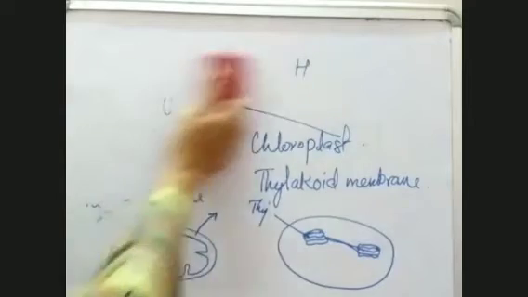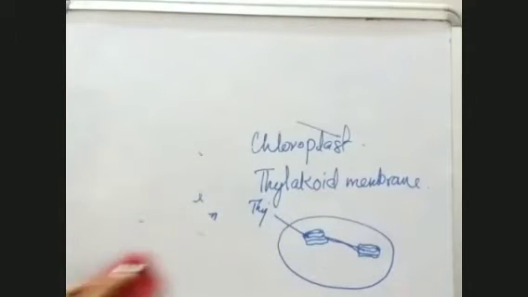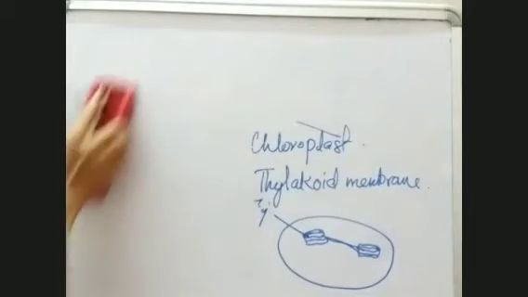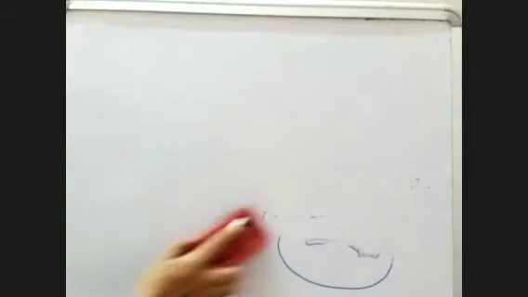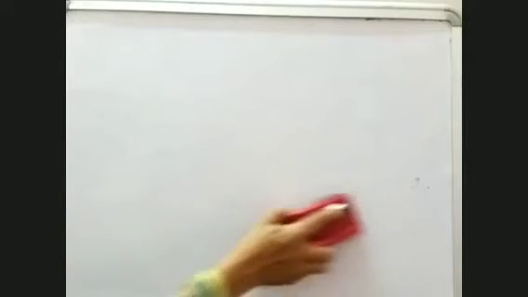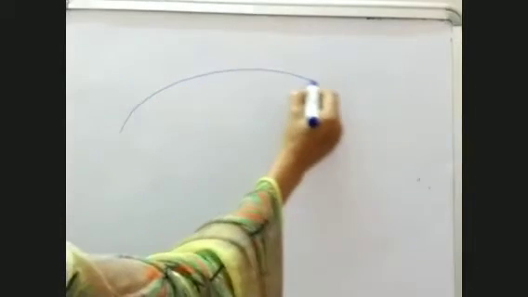Now children, we will start with the chemiosmotic hypothesis, or the process of chemiosmosis, which is seen in the synthesis of high energy compound in case of chloroplast. So for this we will have to draw a thylakoid. Let's draw a thylakoid.